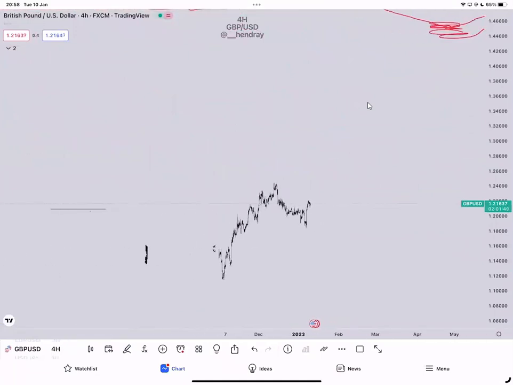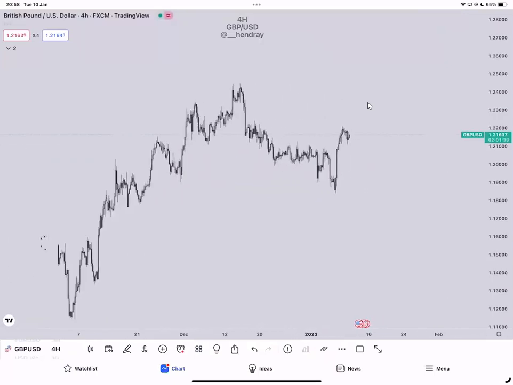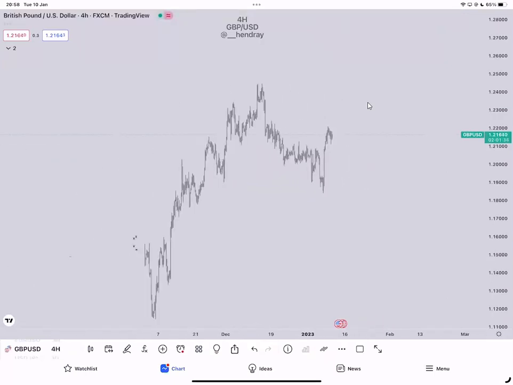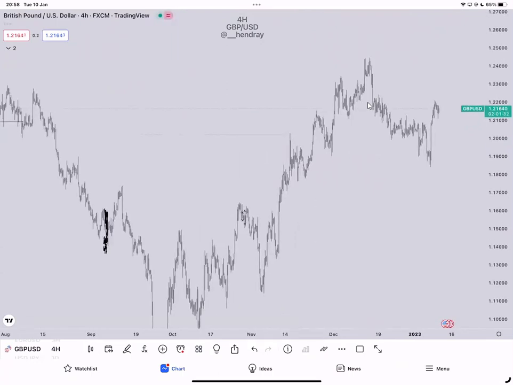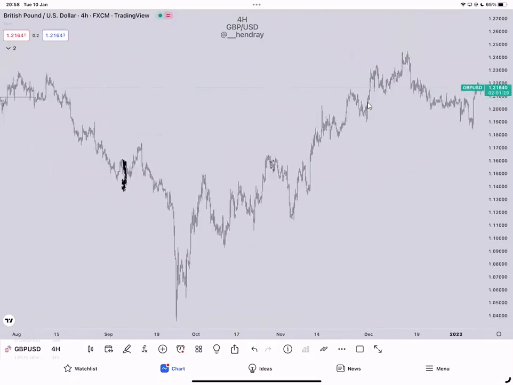Okay, so this is our 4-hour time frame. We have more candles printed already.